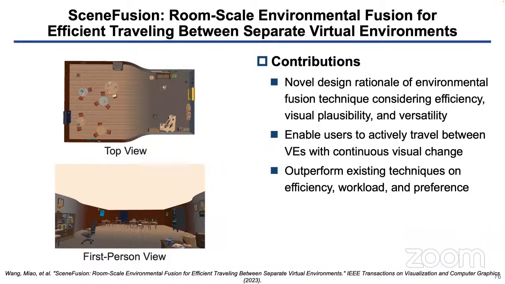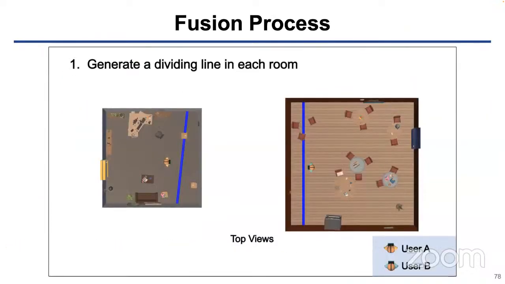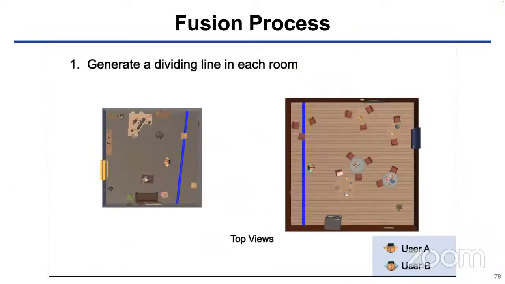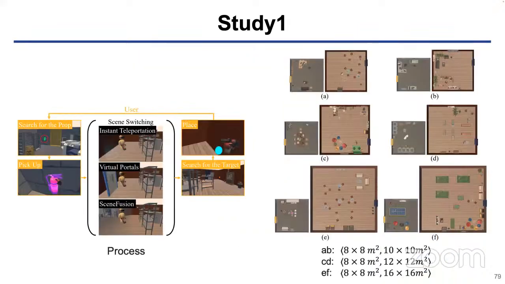Our experiments indicate that it outperforms existing techniques on efficiency, workload, and preference. The fusion process is illustrated with a video, but I guess it will not be clear due to the network issue, so I will skip it.